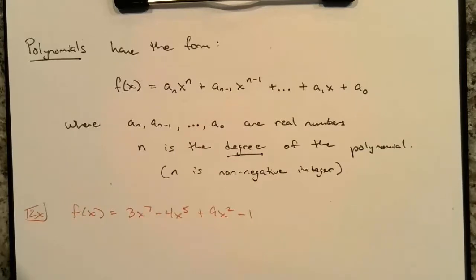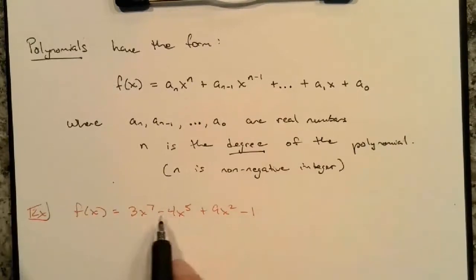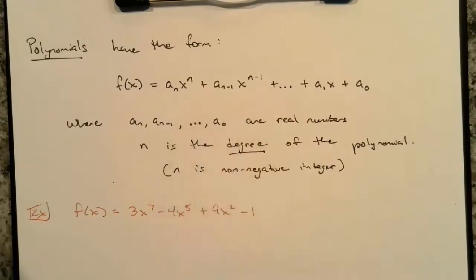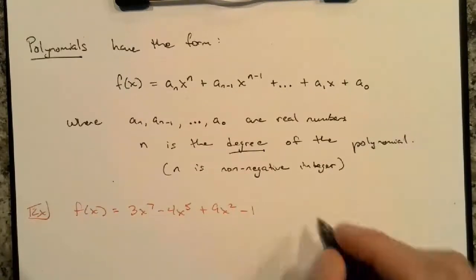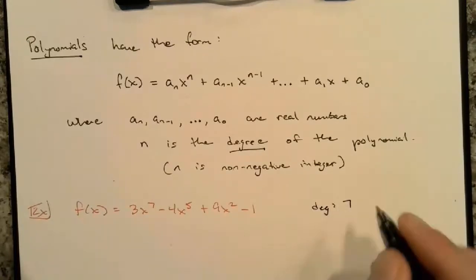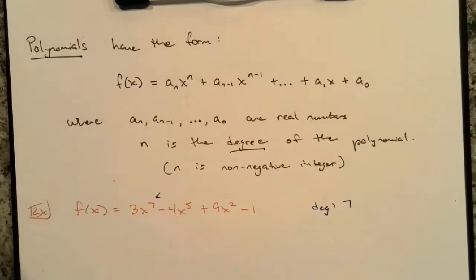First off, it's a polynomial because all the powers on these are positive whole number values. The other thing to notice is I don't need every single x represented, right? So when I had these values up here, some of these coefficients could have been 0. In other words, I don't need every term present. I just need to look at what the highest one is. So the degree for this first one, what's the highest power you see? The degree is 7, because the highest power you see is 7.